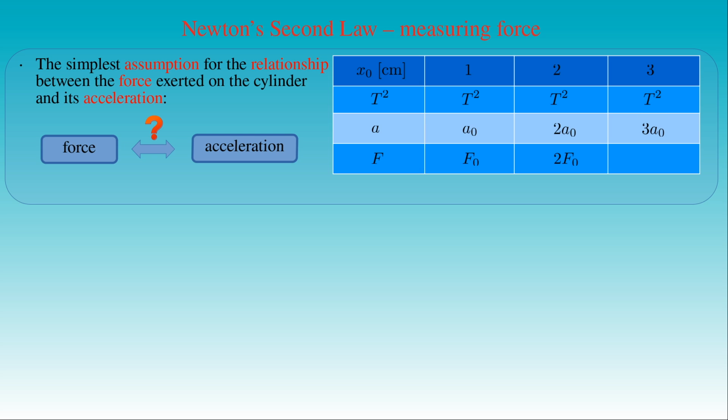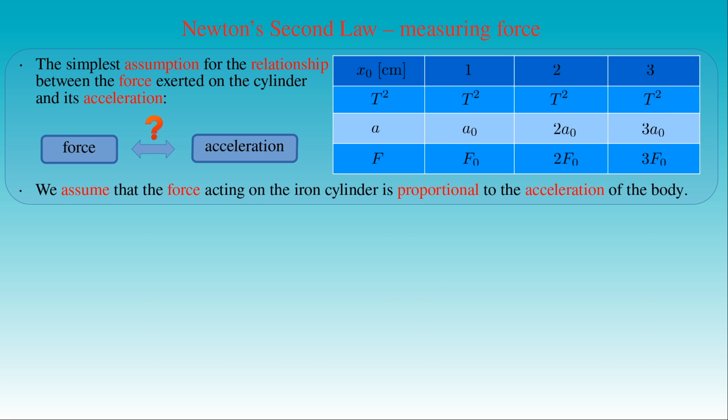Similarly, the acceleration of 3 times a0 at the maximum amplitude of 3 cm is produced by the force of 3 times F0 acting on the body. Therefore, we assume that the force acting on the iron cylinder is proportional to the acceleration of the body. As a result, the force acting on the body at the maximum amplitude x0 of the oscillation is proportional to that maximum amplitude in this experiment setup.